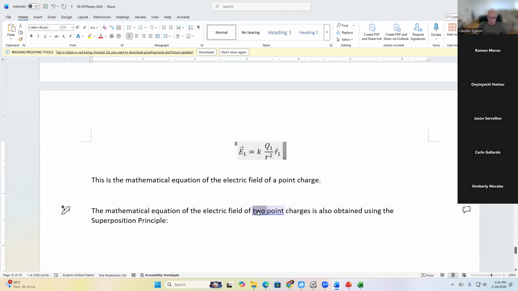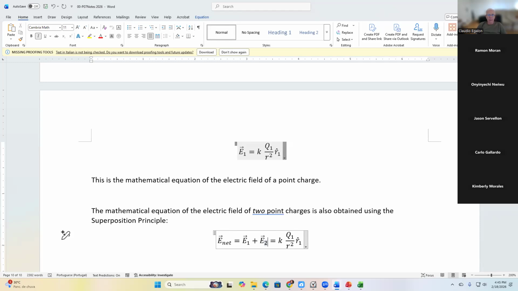For 2 point charges, the net electric field at a given position is going to be the electric field of charge 1 plus the electric field of charge 2.